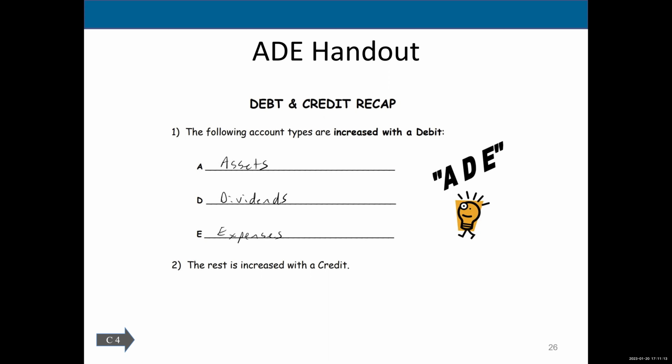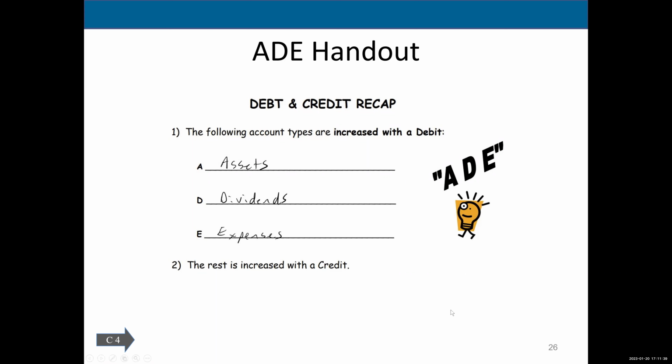The first section is just ADE. A stands for assets, D stands for dividends, and E stands for expenses. These are the three accounts that are increased with a debit. The rest are increased with the credit. So write that down.